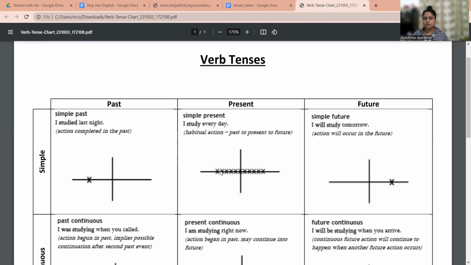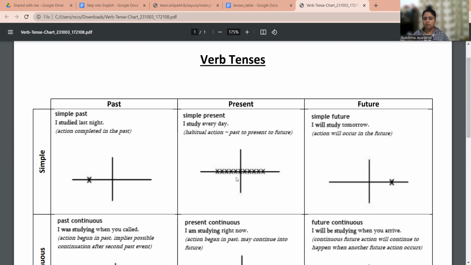This is the center, and now means, at this moment, simple present tense. Simple past tense means somewhere in the past, and it is completed, finished. And something which is about to happen is somewhere over here, the future. But simple present tense means around the center, all the actions that we are talking about.